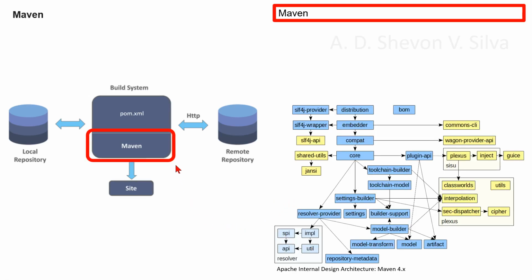Now we are focusing on Maven. Here you can see the Apache Maven internal design architecture. This is Maven 4.x.